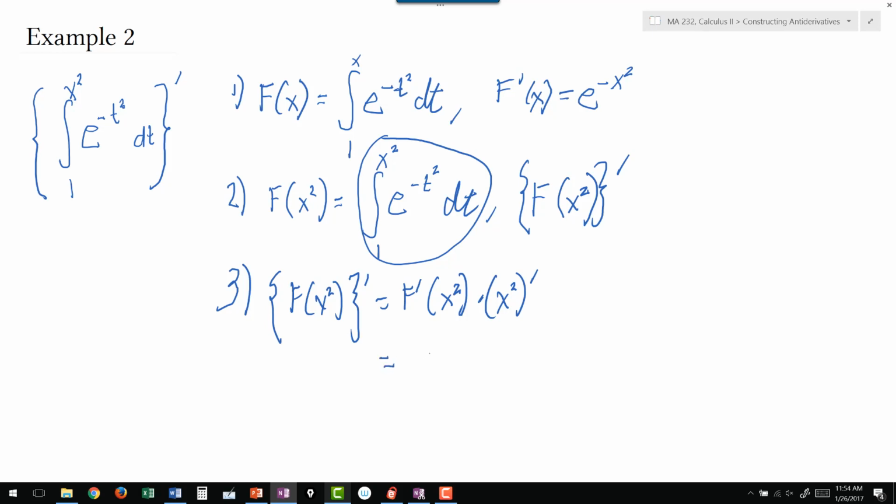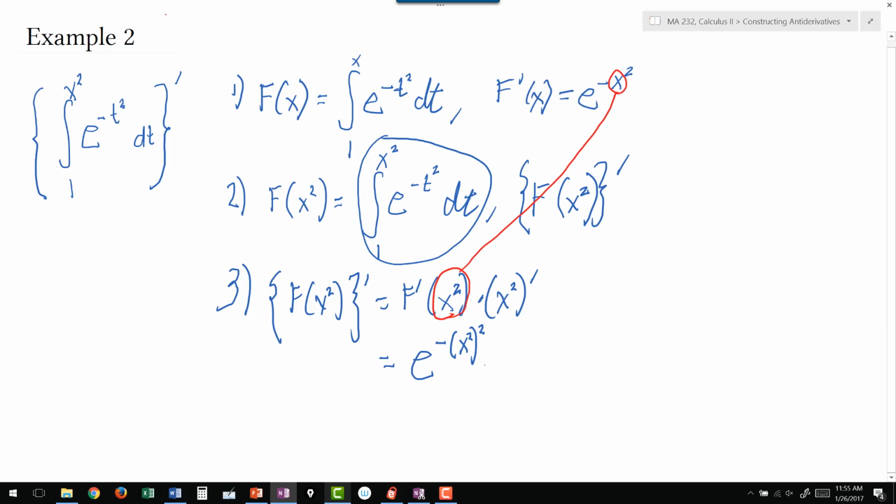Here's where step 1 comes in handy, because we already took the trouble to find the derivative of the outside function. That's e to the minus x squared. So I get e to the minus x squared squared. We're having to plug in x squared. So we're taking capital F prime and plugging x squared in, where before we had an x.